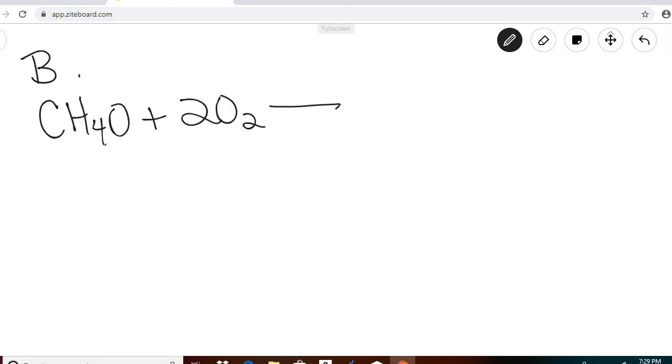Okay, then B, CH4O plus 2 oxygens will give us CO plus 4 water.